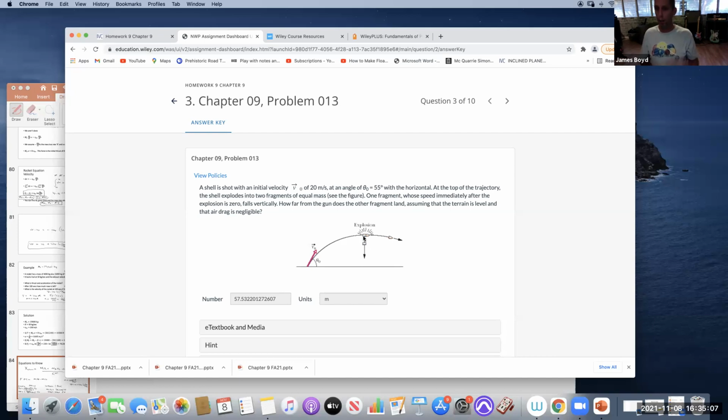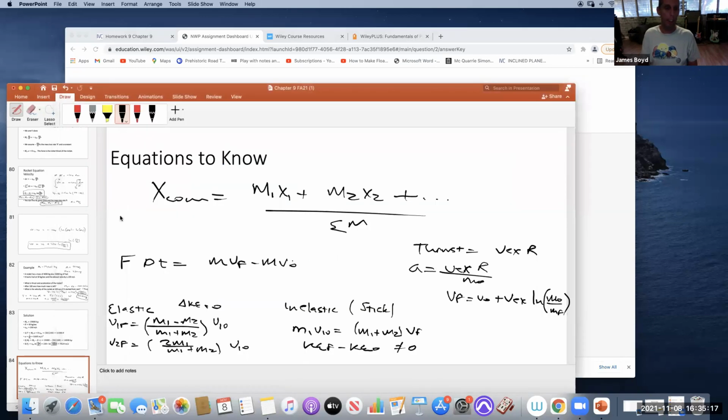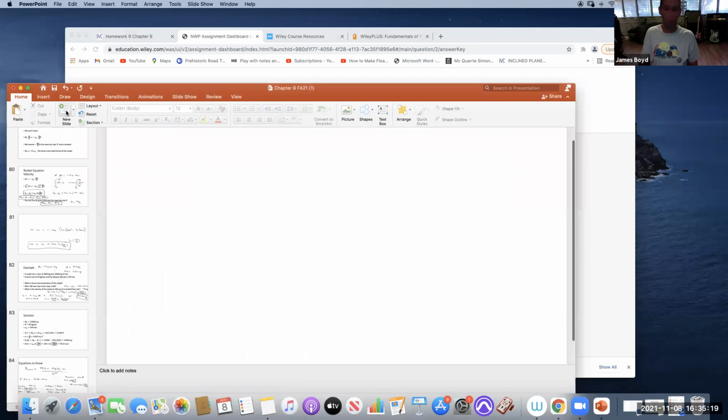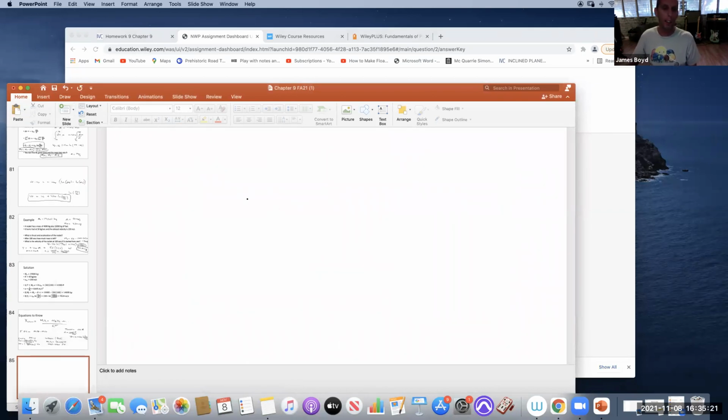When it's at the top, max height, it only has velocity in the x, right? It only has v of x. So this thing, before it breaks apart, has m naught, v naught in the x, where v naught of the x is v naught cos of the angle.